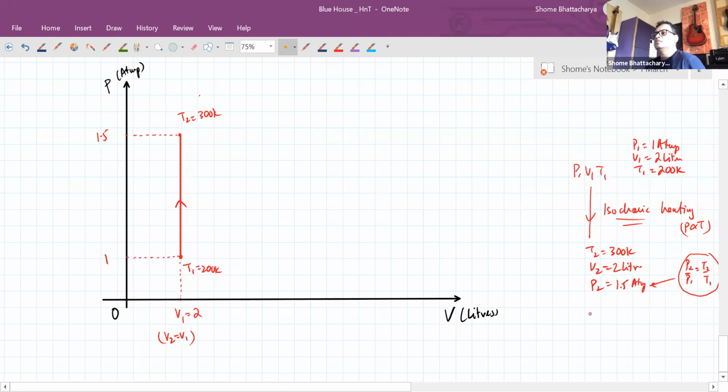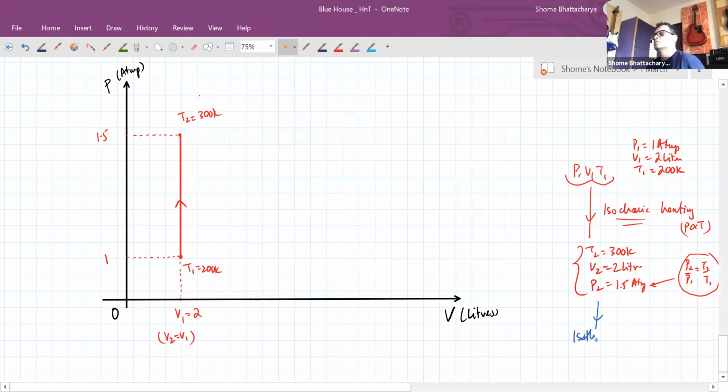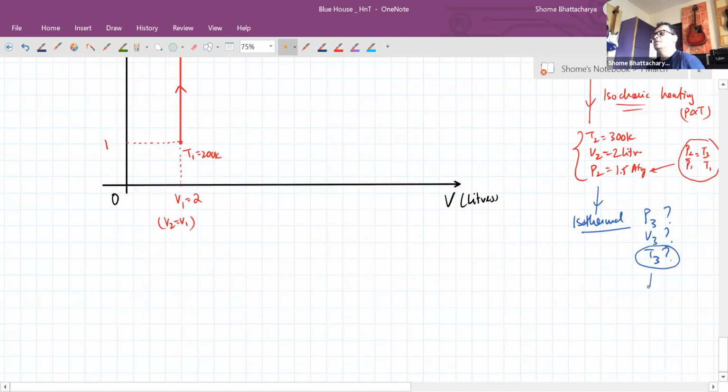Now the next thing we are doing from this state is going through an isothermal process to some final pressure, final volume, and final temperature. The only thing is we know the temperature will be constant because it's isothermal. So the temperature T3 will be equal to the temperature T2, which is 300 Kelvin.